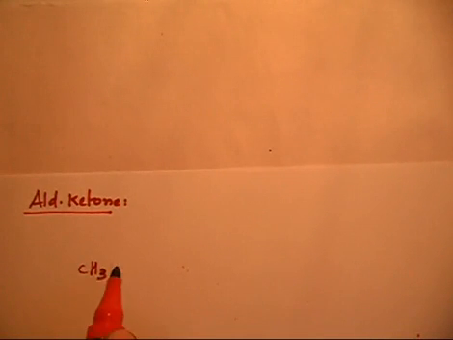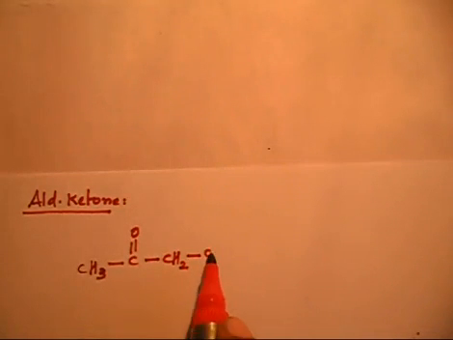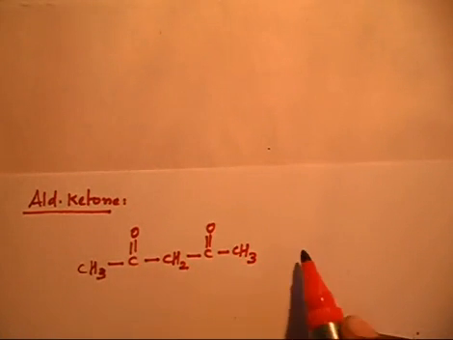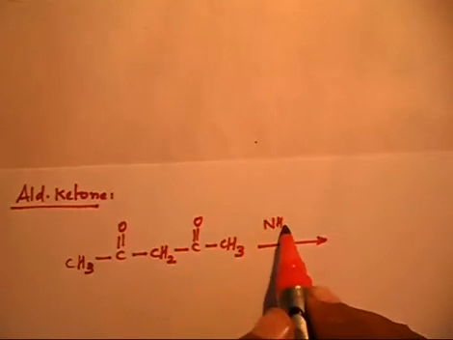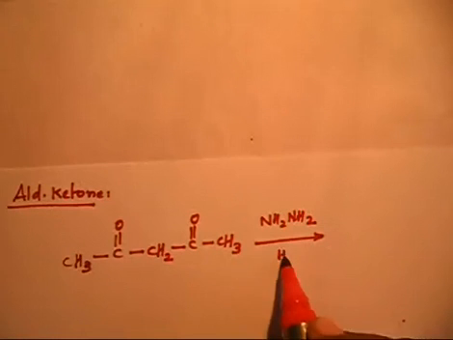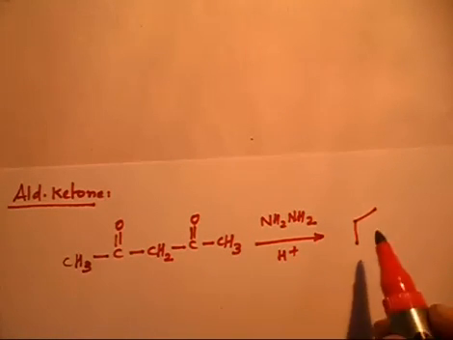This says CH3CO, and then we have CH2, and then we have COCH3. If this molecule is treated with NH2NH2, if you remember, NH2NH2 is also called hydrazine, in acidic medium, this compound gives something like this.